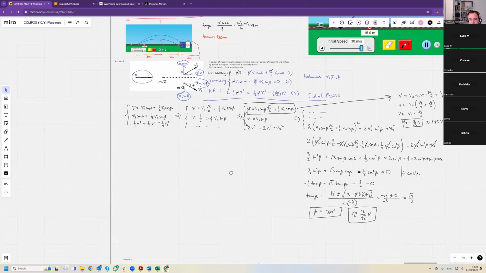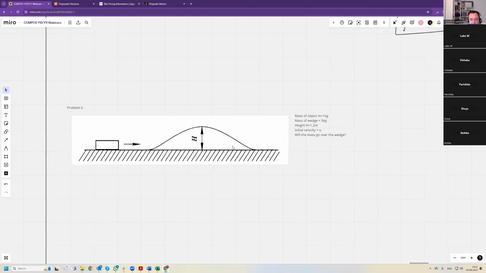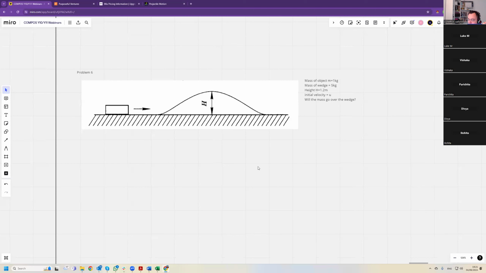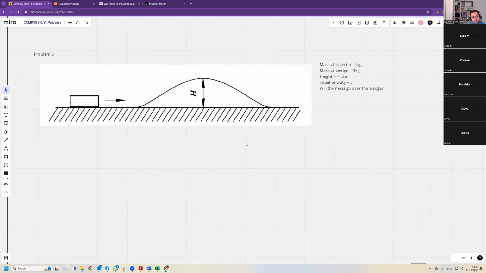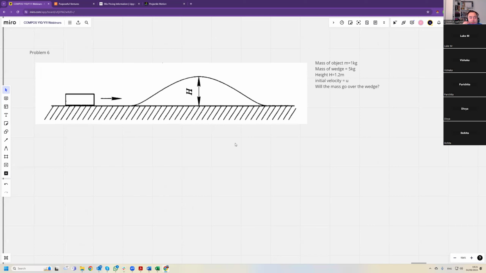Problem 6. Calculation-wise, it's simpler. So you have an object which is trying to go over a hill. So the question is, will the mass go over the wedge? What do you need to look at?